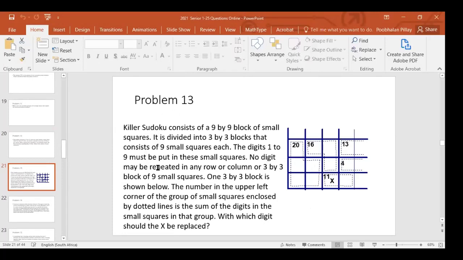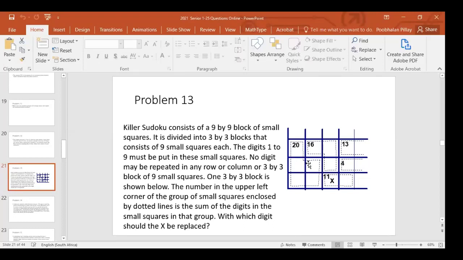Okay, it's a kind of a long statement of a problem here. In short, you got a game called Killer Sudoku, and what they say, if you read all this long story, is that when you add the numbers in this boundary and you got 20, 20 is not the number in that particular square.